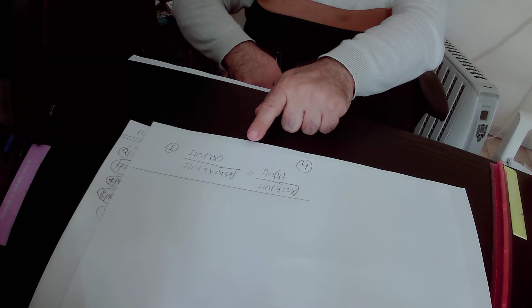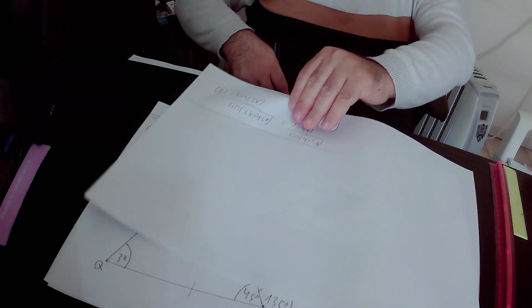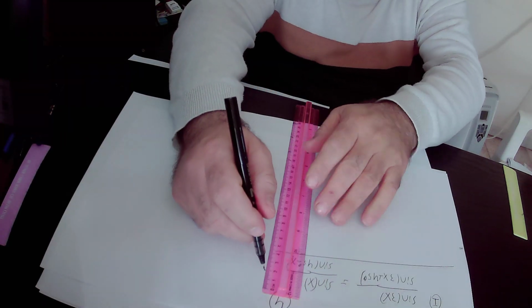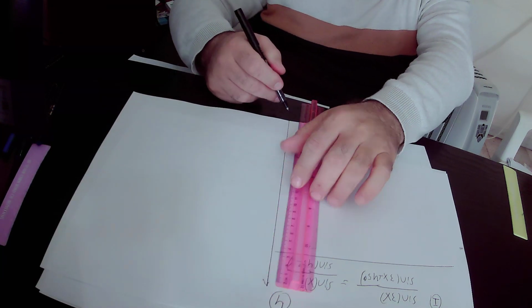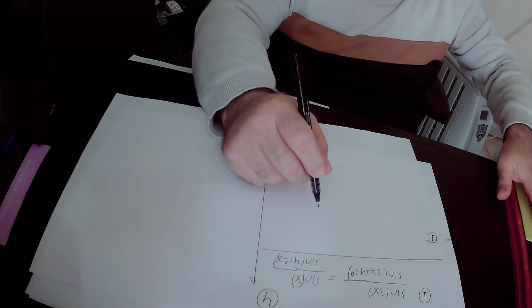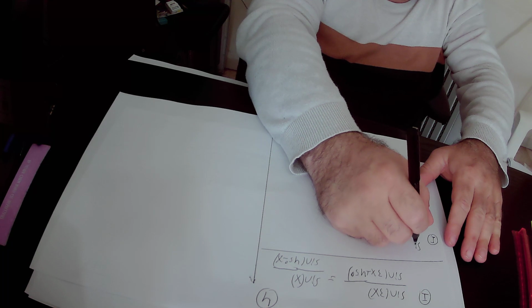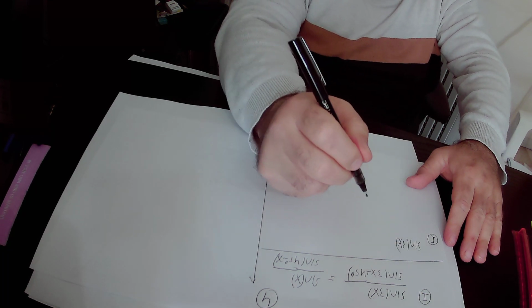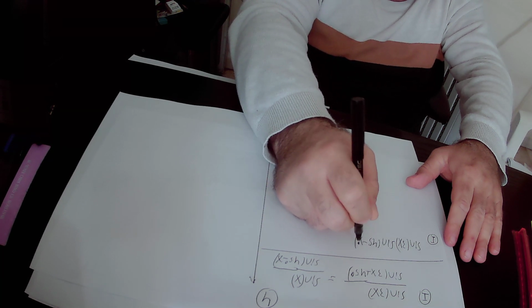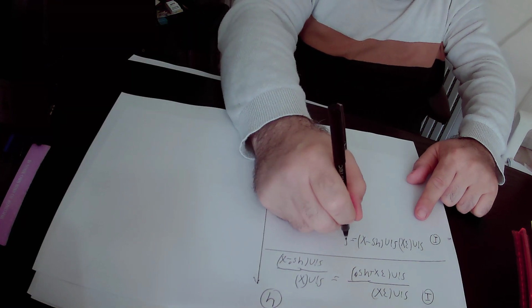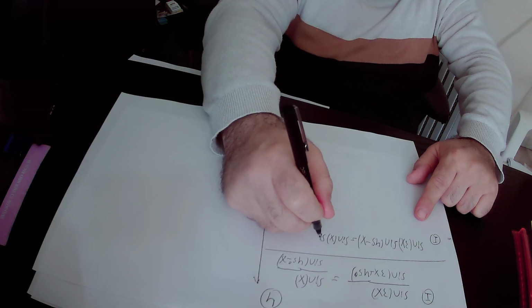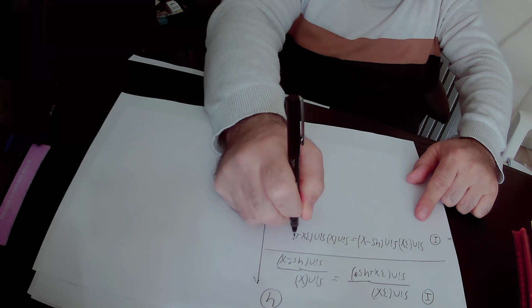Here we will cross multiply equation number 1 and we will get that sine 3x times sine (45 degrees minus x) equals sine x times sine (3x plus 45 degrees).